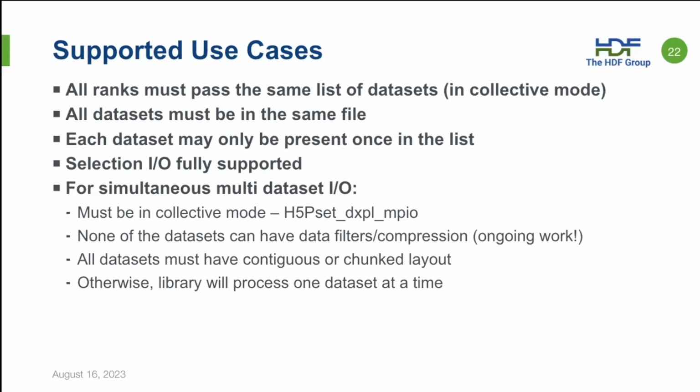John has a very low level question: is the construction of the MPI data type done in the VFD layer or higher up? That's one I'm going to cover in a later slide, but I might as well touch on it now.